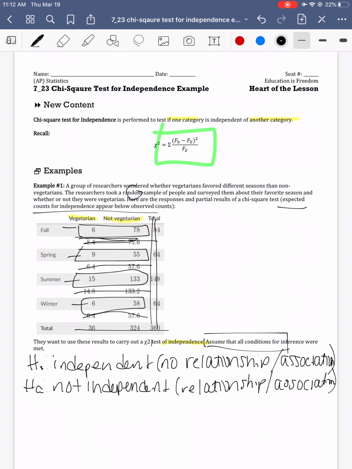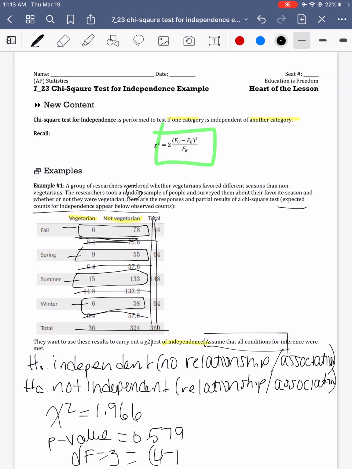So I can write chi-squared is equal to 1.966. My p-value that they already gave me was 0.579, and my degrees of freedom was 3. They calculated that as rows minus 1, so 4 minus 1, times 2 minus 1, to give us 3.